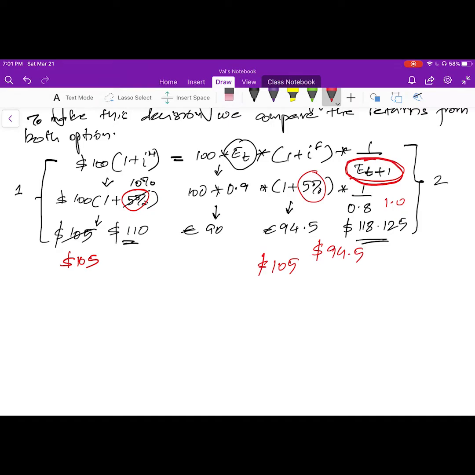And in doing so, all these people are going to keep demanding the foreign currency. The foreign currency is going to appreciate. The US dollar is going to depreciate. By the time you bring your money back, your net return is just lower. Or let me rephrase that: your net return is the exact same as what you would have earned had you put your money in Bank of America. Okay?